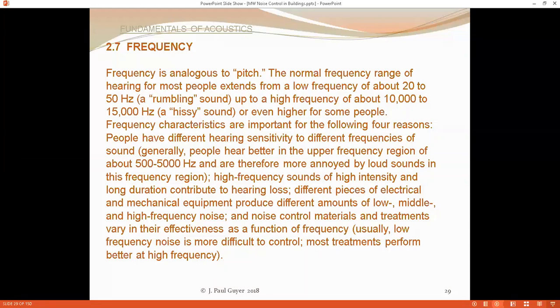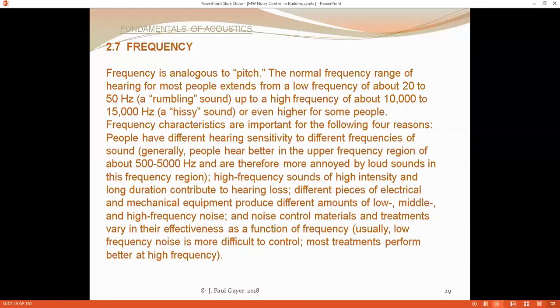So 50 hertz is roughly the lowest sound that the human ear can perceive, and then the highest frequency sound that the human ear can perceive is around 15,000 hertz.